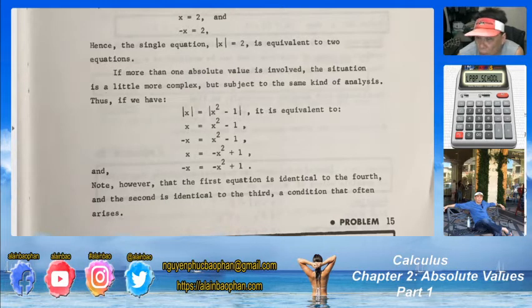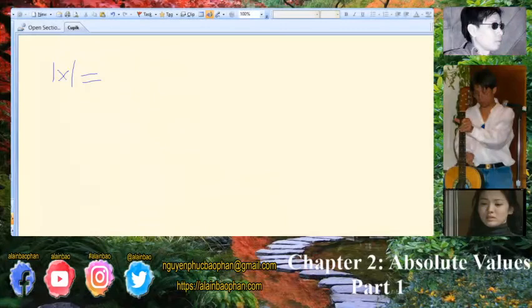So we go to our exercise and you will see here we have absolute of x equal absolute of x squared minus 1.